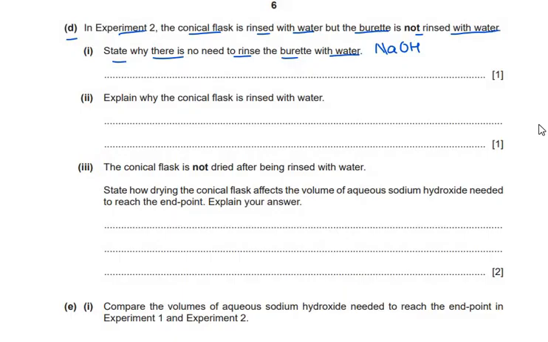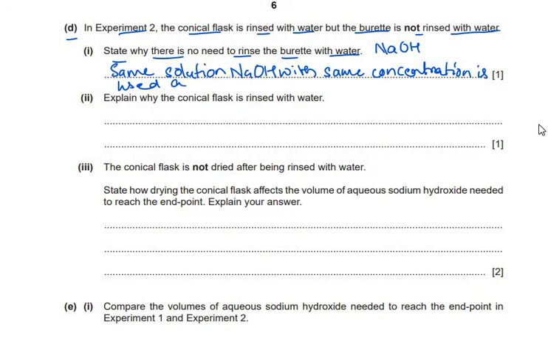We can say that the same sodium hydroxide solution with the same concentration is used again in experiment 2, so no need to rinse it with water.